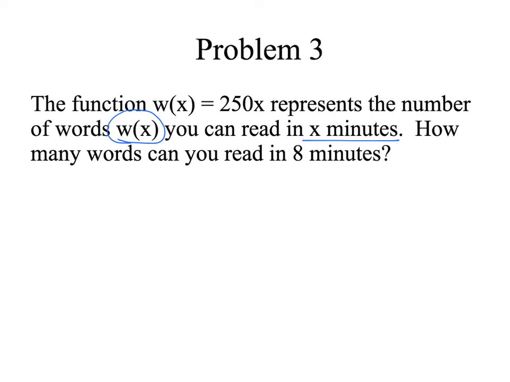So we want to do a function in terms of 8 minutes, so we write w of 8 equals 250, and then we just multiply by 8. So 250 times 8 is equal to 2,000.